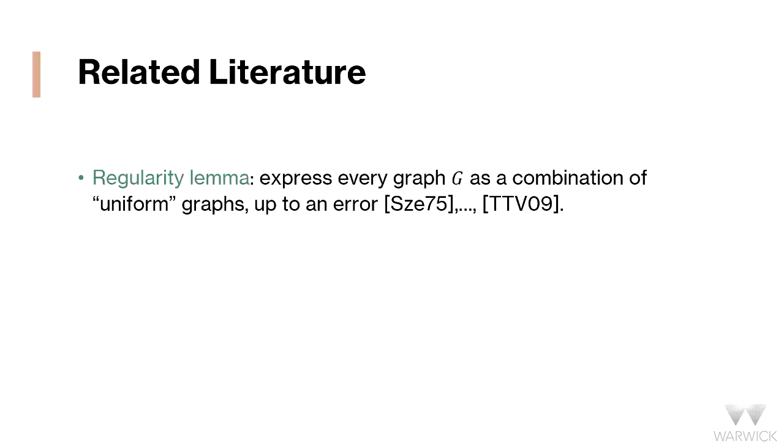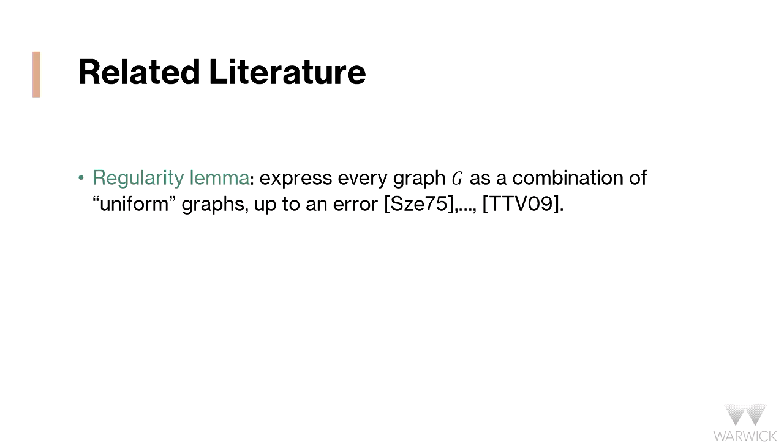In the case that our object is a graph and our distinguishers check the number of edges across a cut, this is similar to the setting of the regularity lemma. The regularity lemma was introduced by Szemerédi, and the idea is that you can take any graph and partition its set of vertices such that the induced graph between every two sets is more or less uniform up to an error.